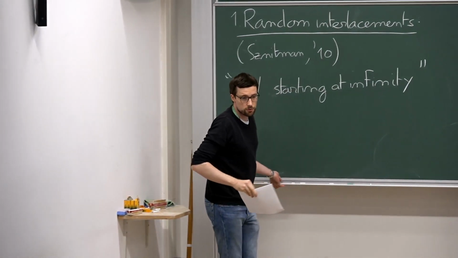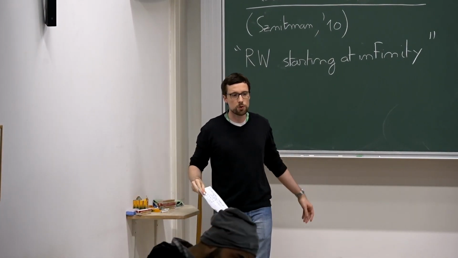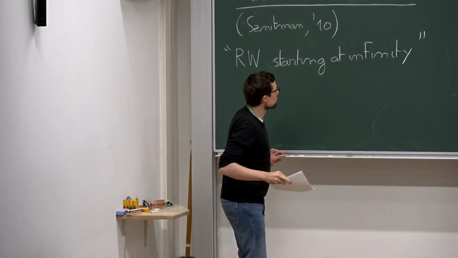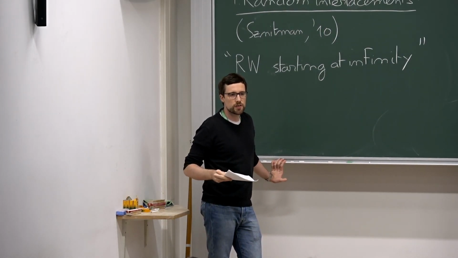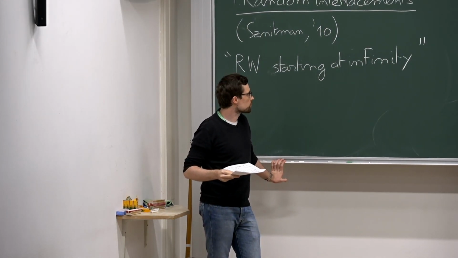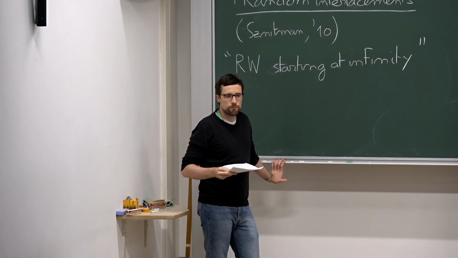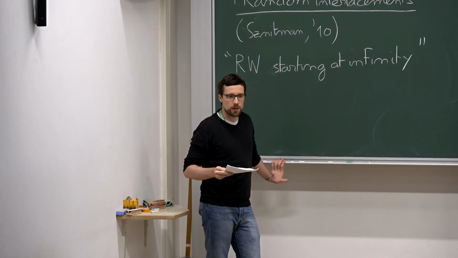So the question is, what does it mean to start a random walk from infinity? Before seeing that on an infinite graph like Z^d, on which I will focus for the rest of the course, I will rather look at finite graphs first to try to understand what it means.